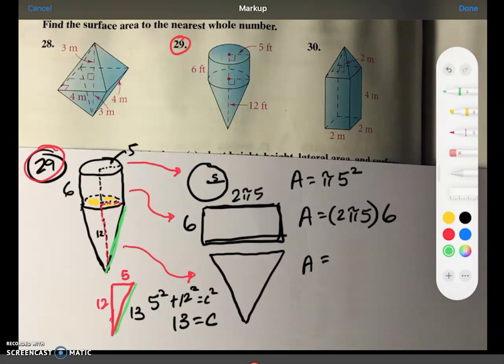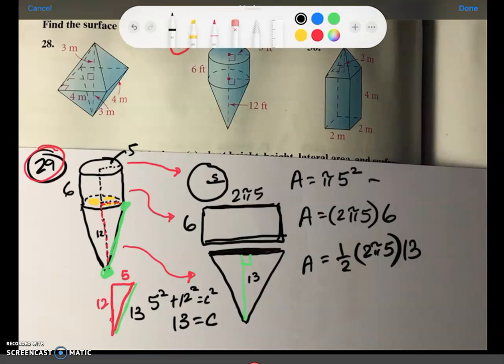So that slant height in green appears right here. It goes from the highest point to the base there, 90 degrees. That is, again, 13. So the area of this triangle is 1/2. Again, don't forget the 1/2 because it's a triangle. This is circumference, the base, so that is 2 pi 5, and then multiply it by the slant height that we just discovered, 13.